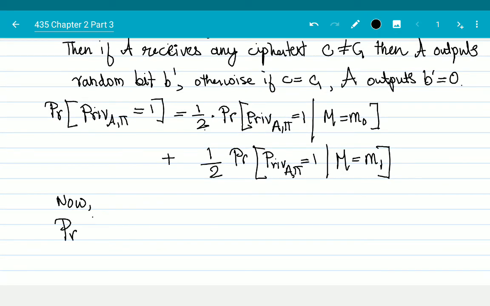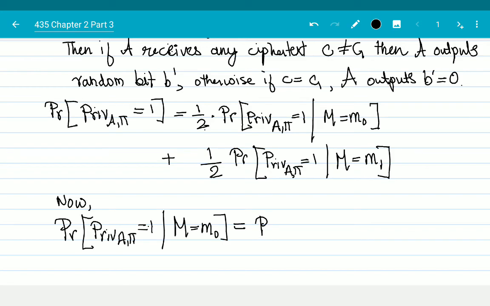The probability that the experiment succeeded and the message was m0 can be divided into cases again, where this means either the encryption was c1 or the encryption wasn't c1.